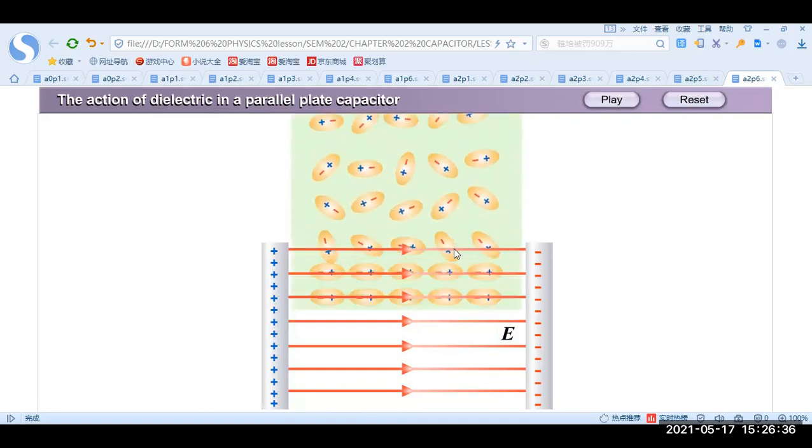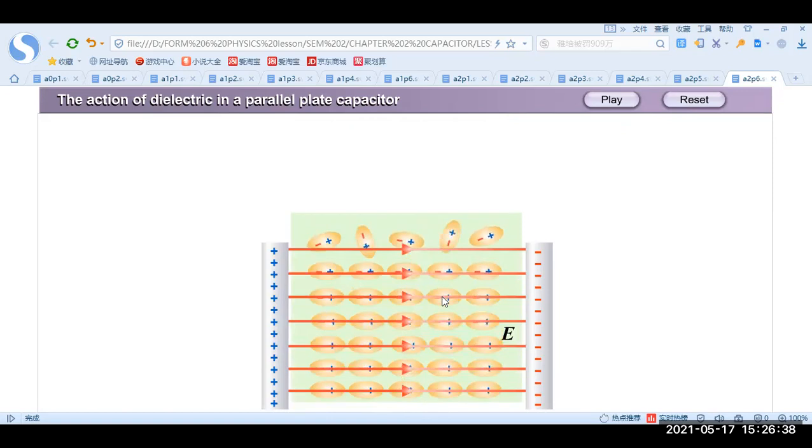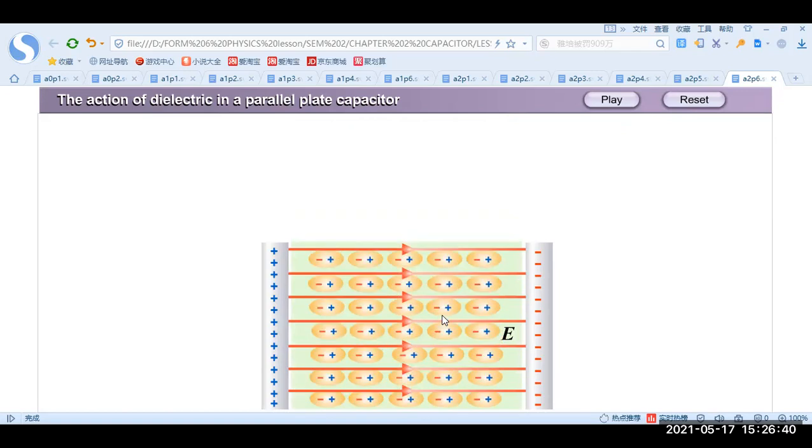When dielectric material is added into the electric field, the neutral charges in the dielectric are all well arranged. The number of negative and positive charges are still equal, so this dielectric is considered neutral.